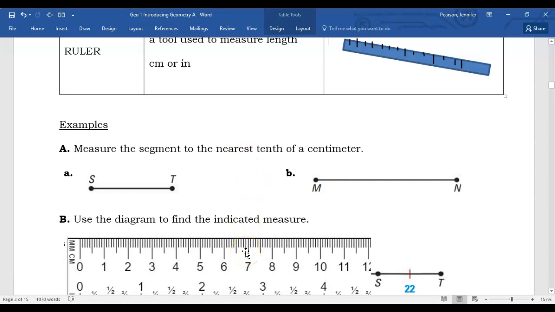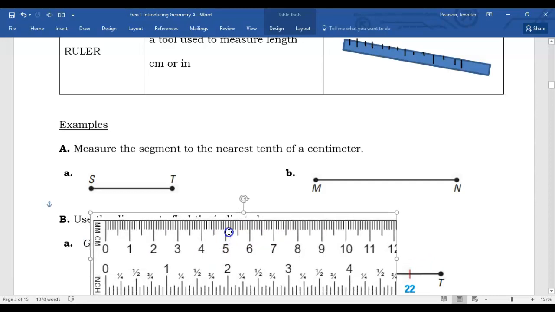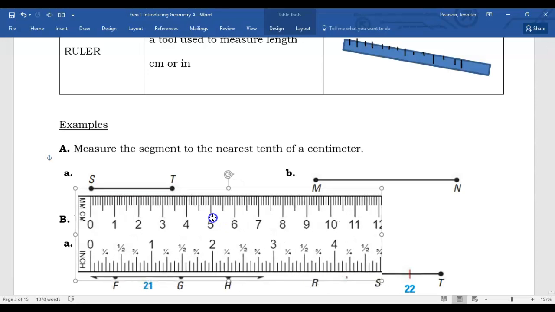You can also purchase them at Walmart or Target for under $1. But if I have this ruler here and the instructions ask me to measure in centimeters, I'm going to line up the 0 line with one of the endpoints, and then I'm going to see where the other endpoint aligns, and that's my measurement.